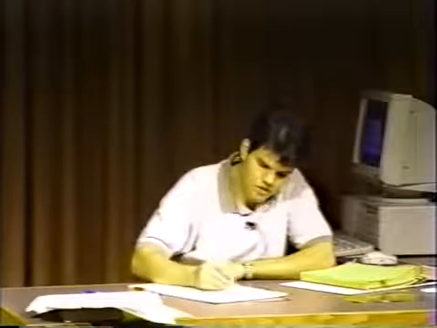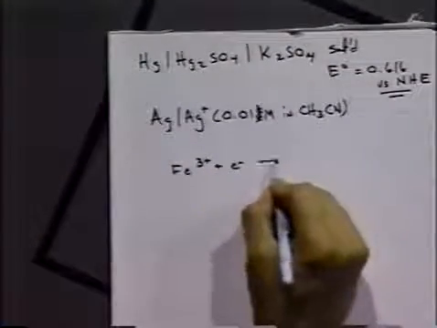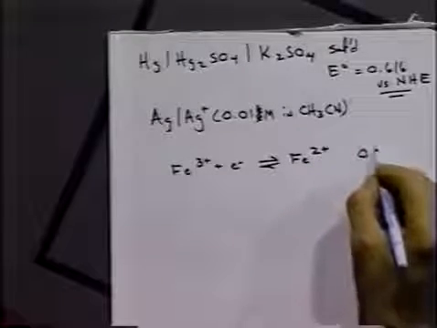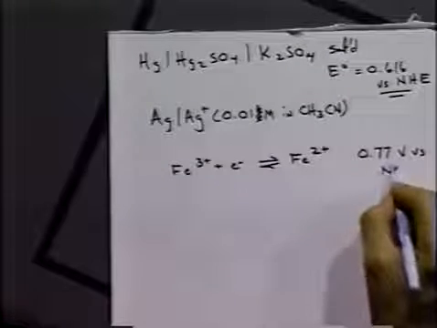Somebody asked me last time in class, how do you convert from a potential measured versus a normal hydrogen electrode to a potential measured versus some other reference electrode. So, for example, we might have iron 3 plus plus an electron in equilibrium with iron 2 plus, and the standard potential for that is 0.77 volts versus NHE.